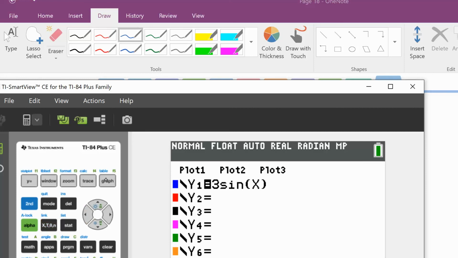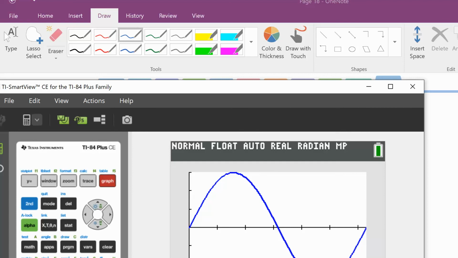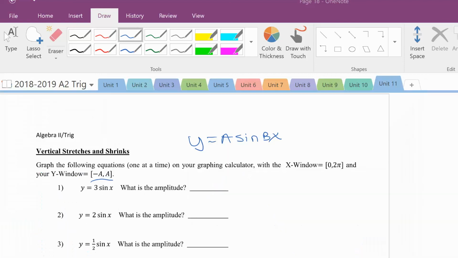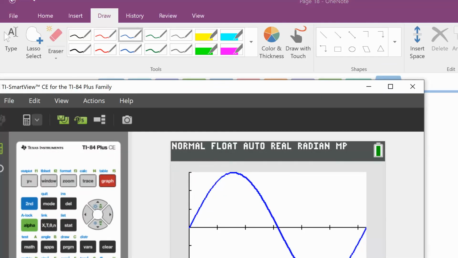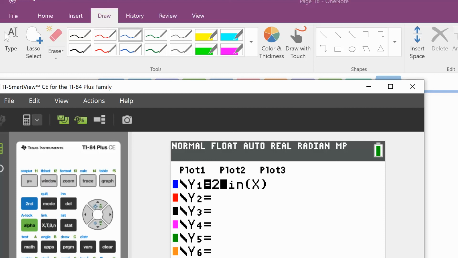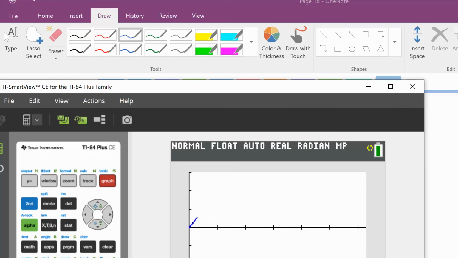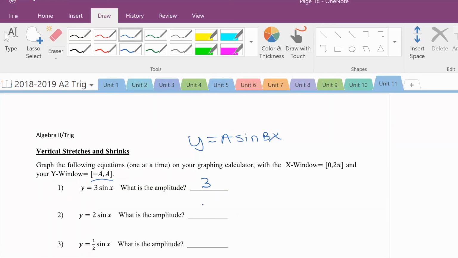And you graph it. So notice it goes up higher and down higher. All right, so the amplitude now is 3. So if you graph 2 sine x, you just change it to a 2 and graph it. Notice it goes up to 2 and down to -2, so the amplitude would be 2.